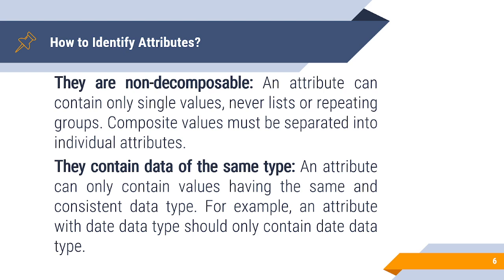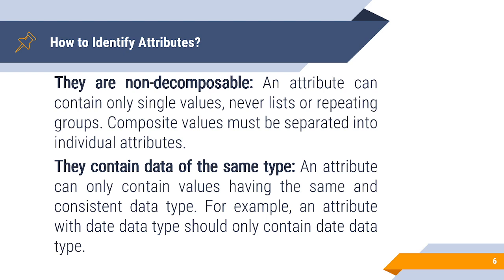First name, last name, and middle name are non-decomposable. Those three are attributes, so it became three. Even the address, if you want to break the address into smaller components, you can do that, so that the attributes will become non-decomposable.